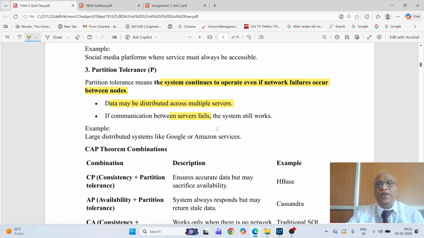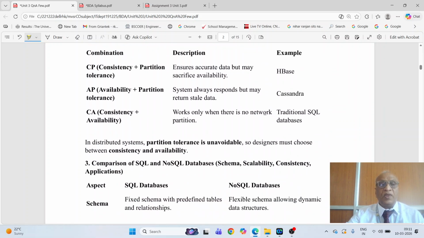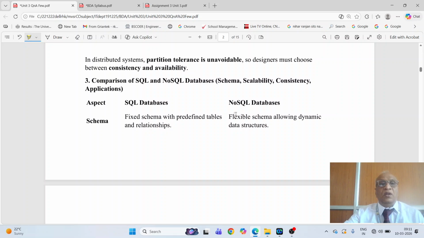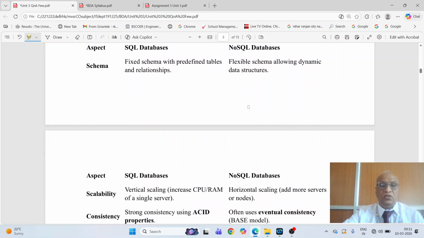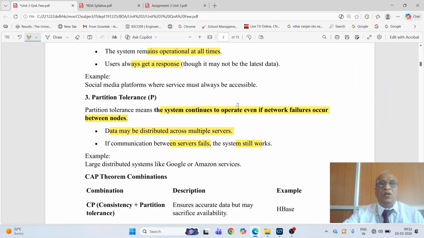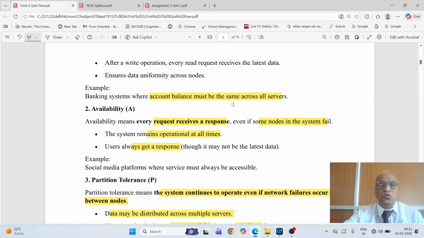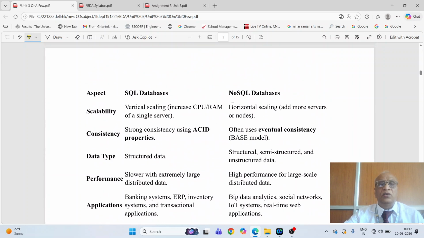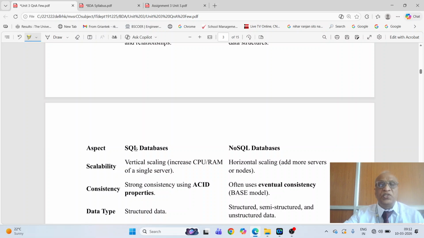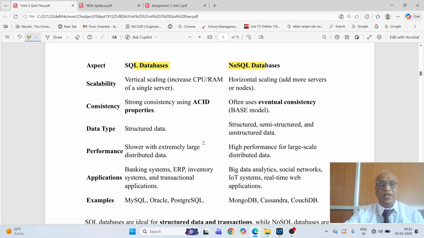If communication fails among the servers, the system still works. So again, there is a comparison of SQL and NoSQL databases, which is on similar lines.